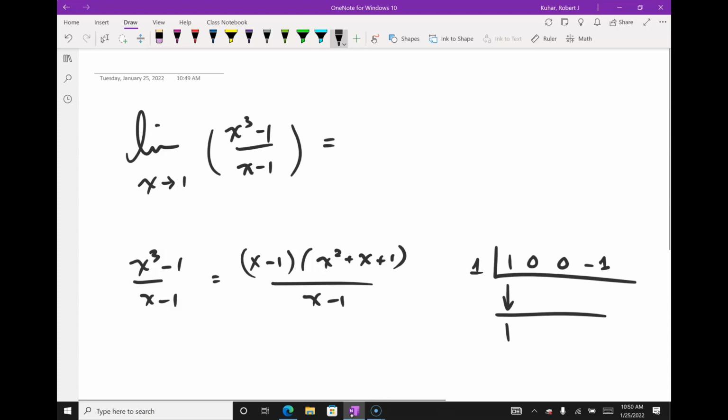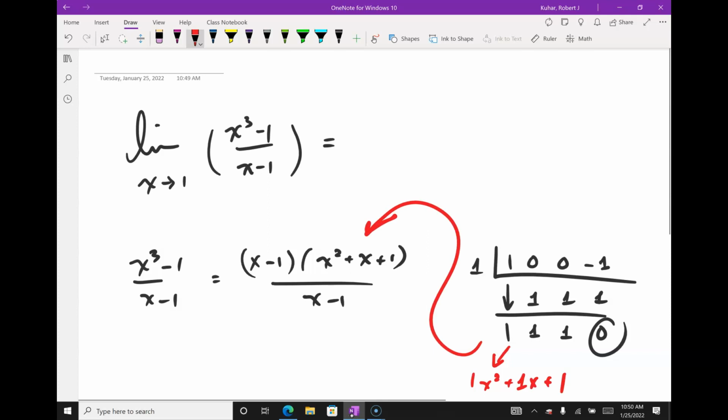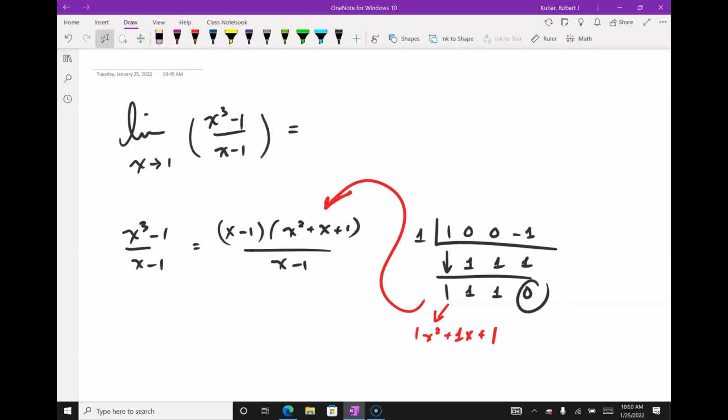I bring down that first number, multiply, add, multiply, add, multiply, add. So I get a 0. And notice here that I got 1x squared plus 1x plus 1. That's this piece here. You could do long division, you could do synthetic division, you could have it memorized. A cubed plus or minus b cubed, the sum or difference of cubes. Remember that in algebra 2?